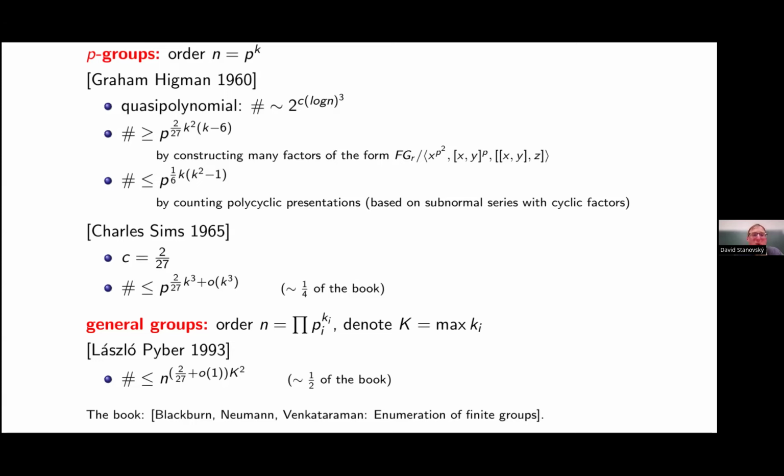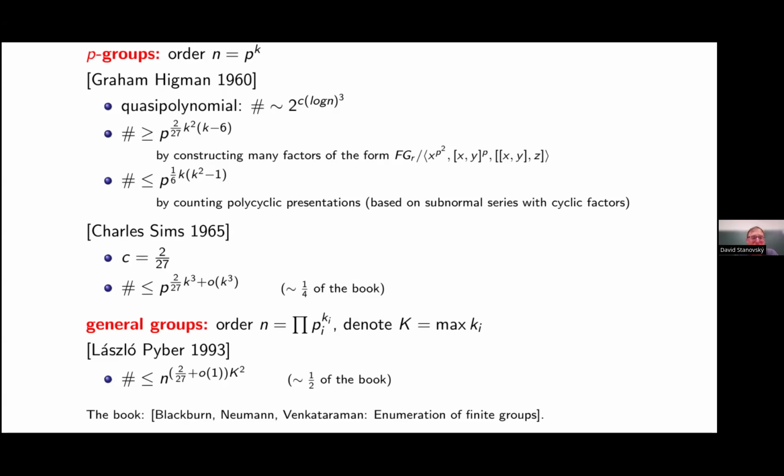So that's the case of p-groups, and of course, a naive idea, just looking at the data, is that there are way more p-groups than other groups, but I mean, prove it, right? The general result on the number of groups of order n was obtained by Laszlo Pyber in 1993. He can prove what one would probably expect, that the upper bound for general groups is the same as for p-groups.